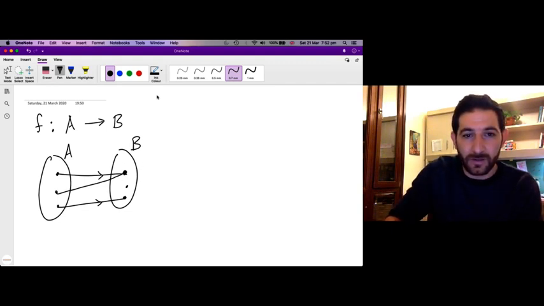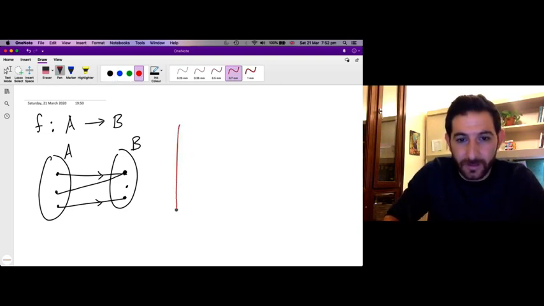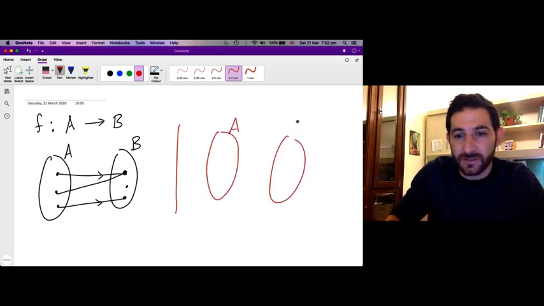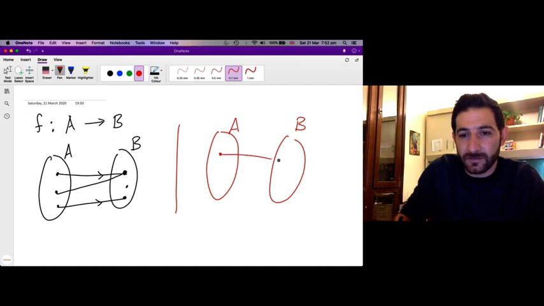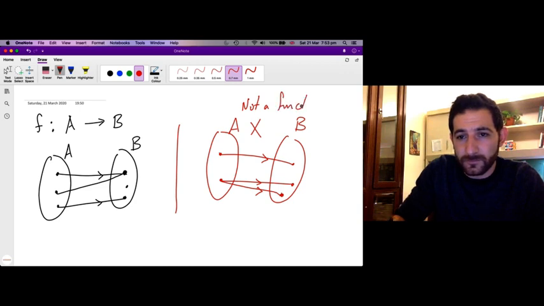Okay, maybe I need to tell you an example of a diagram which is not a function. So when an assignment is not a function, if this element is assigned to this element and this element is assigned two images, okay, so this is not a function because this element has two images.